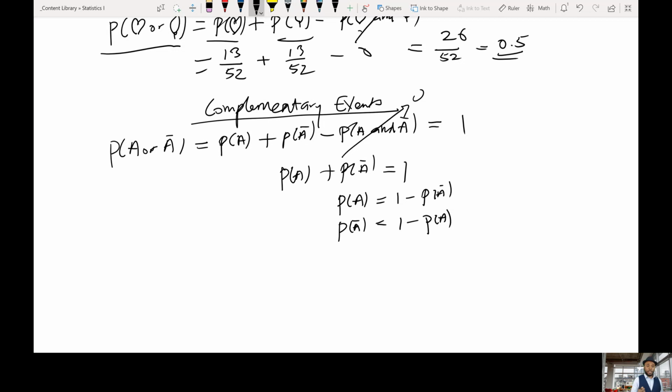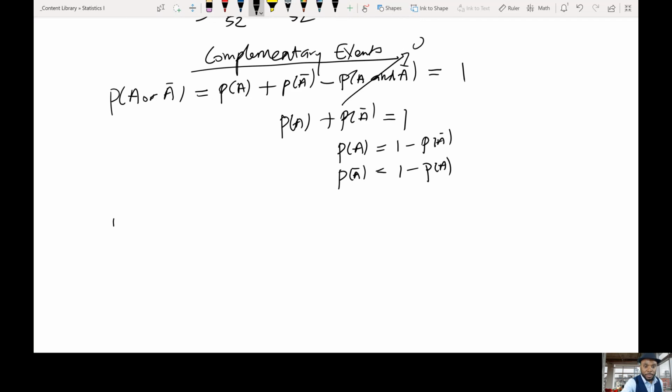Now, if I was to give an example here, say the probability that a business would succeed is 0.512. What's the probability that this business will fail?